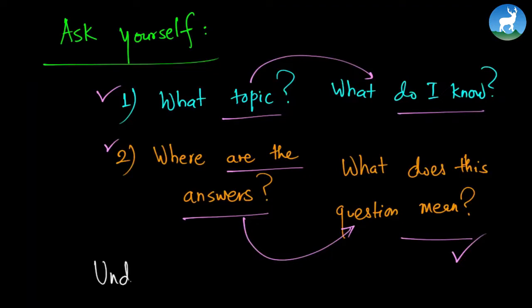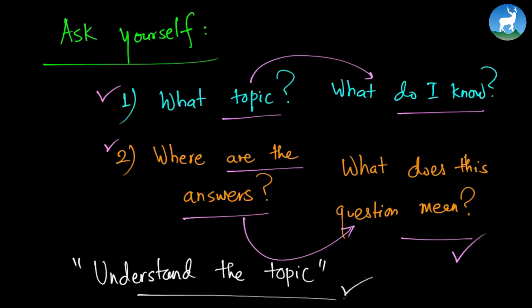So understand your own topic. Understand simply the topic, right? Do research, go to the library, go online, read newspapers, journals, magazines, periodicals, tabloids, and stuff like that. And after that, try to understand the topic.